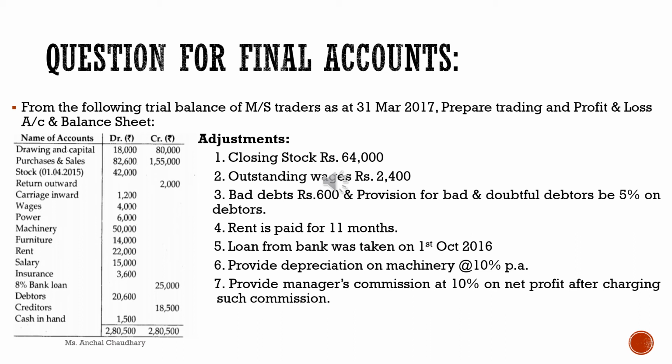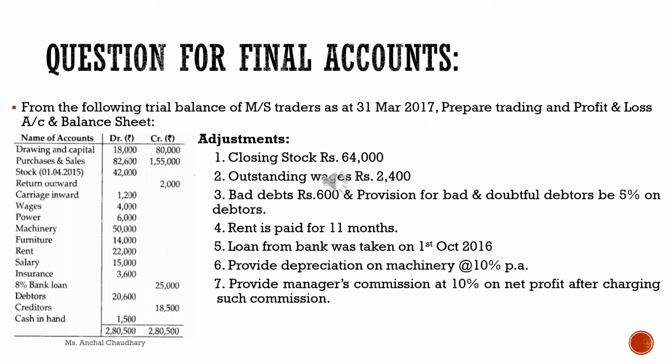Next, provide manager's commission at 10% on net profit after charging such commission. What does it mean? It means that you have to charge a commission, and then you will get the net profit amount.